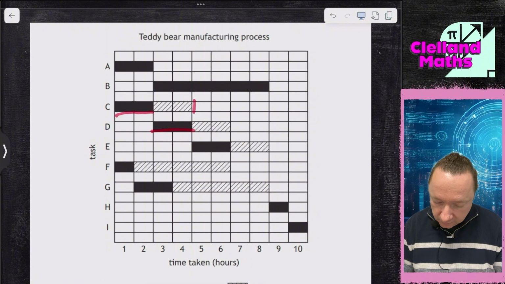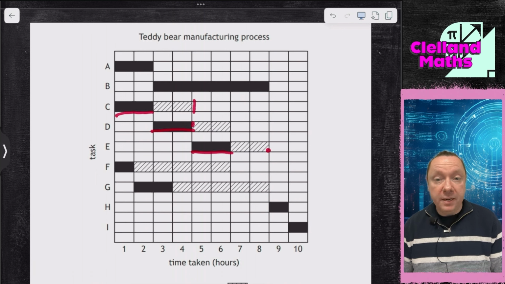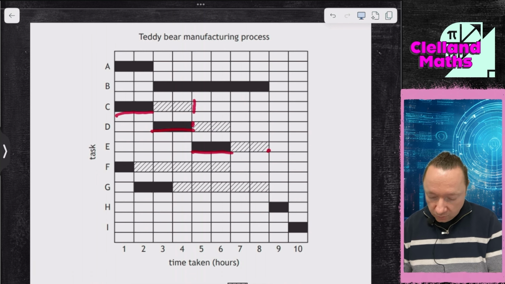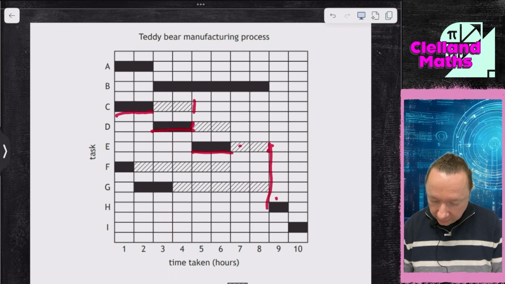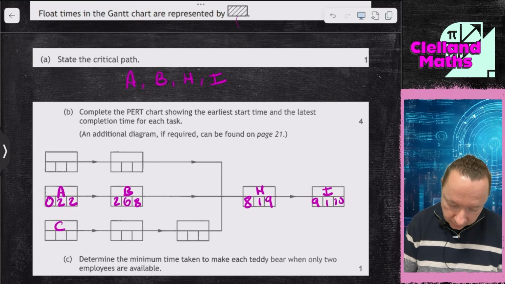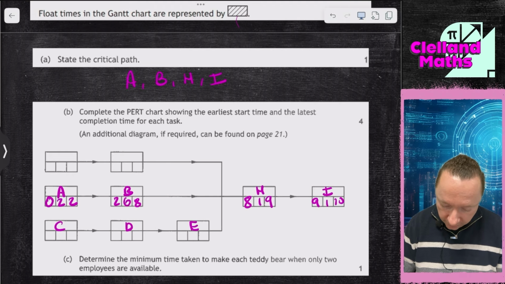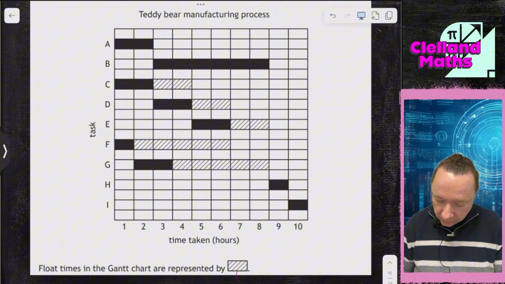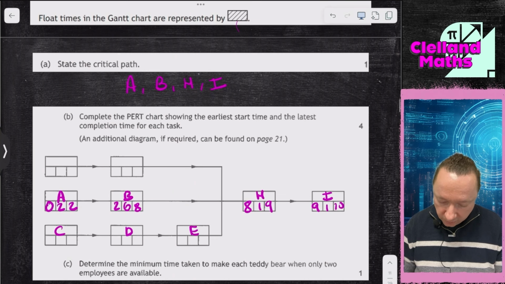Then D, then E, but then the float time, because A and B lead into that already, so we need it to end there. So that's right: C, D, E, H, I. We can put C, D, E, H, I. And similarly for the other ones, F and G: F goes into G, and then G has to wait till B finishes, then H, I. So F, G, H, I makes sense for the other ones.